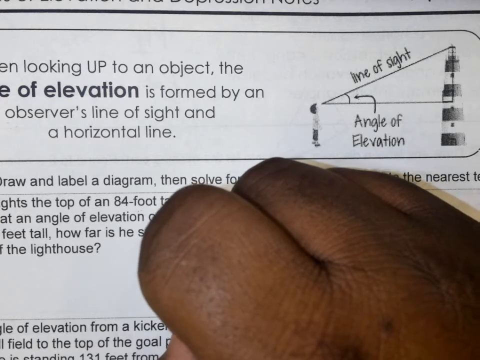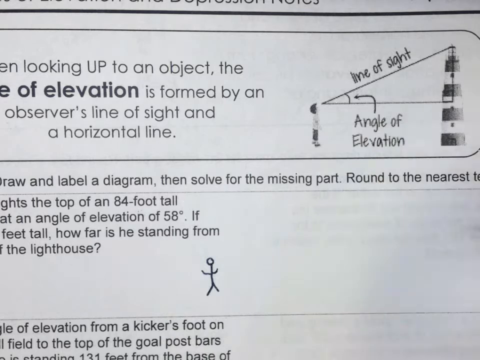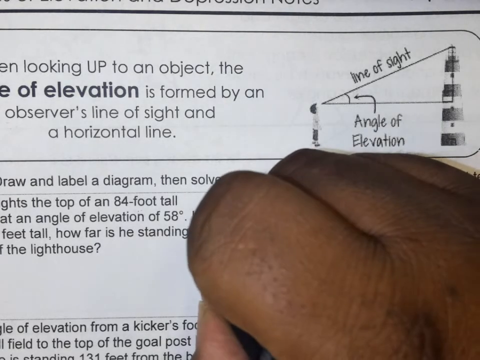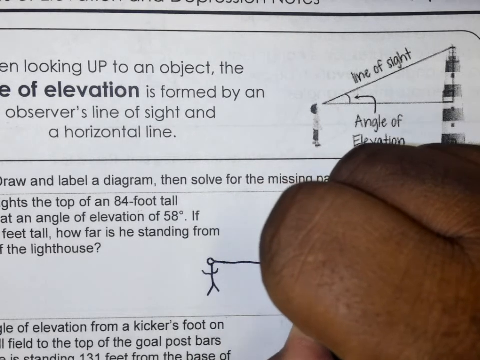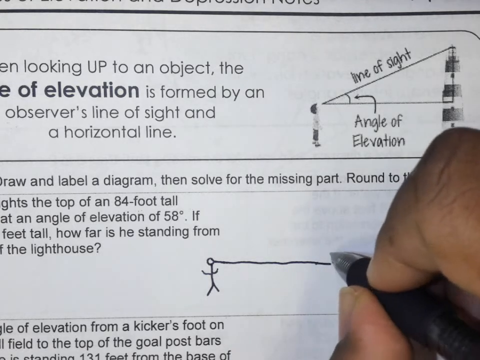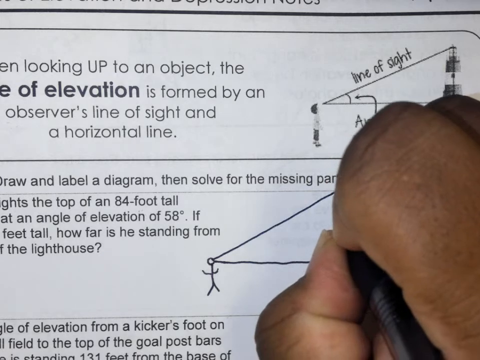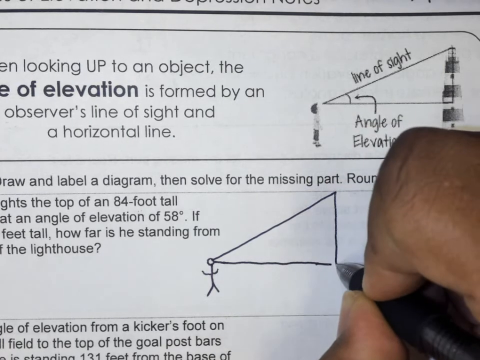Obviously my drawing isn't going to be nowhere near like that. I'm doing a stick figure. This is the line of sight to the lighthouse. This is looking at the top of the lighthouse. Drop that down.